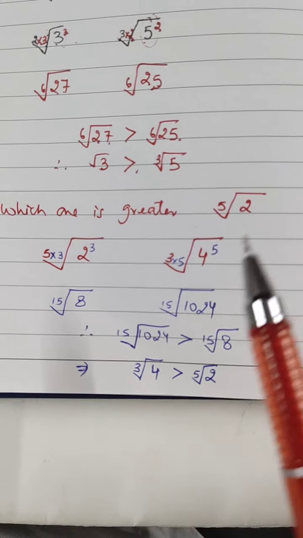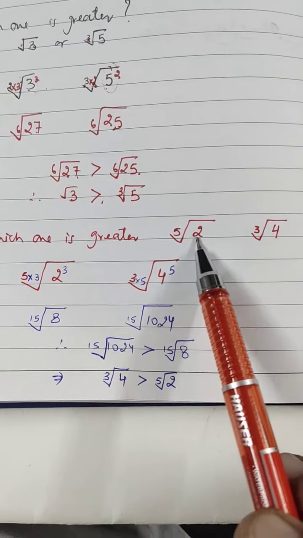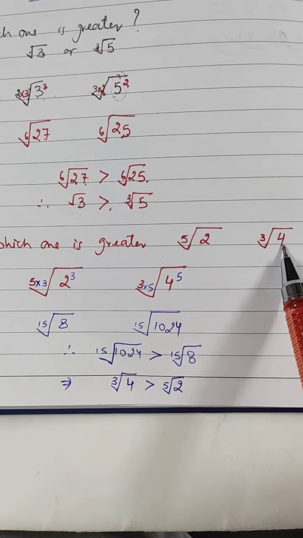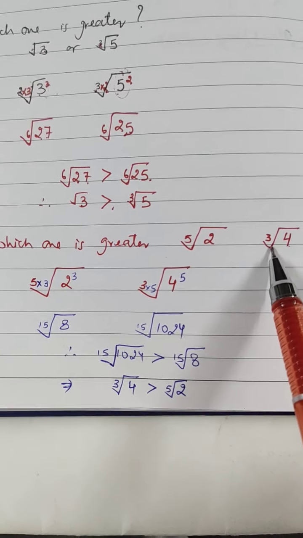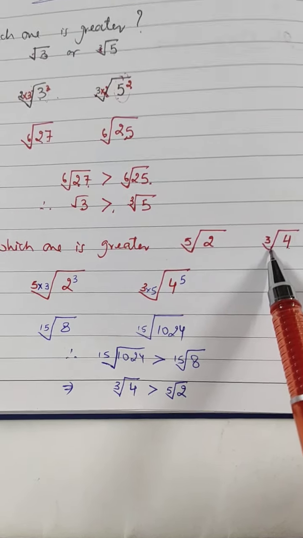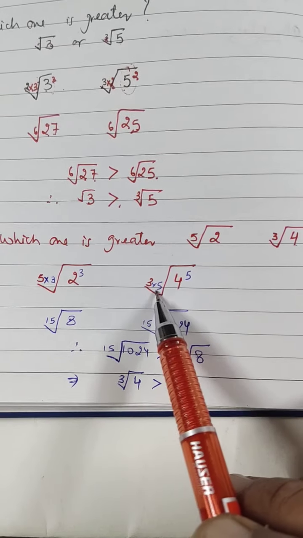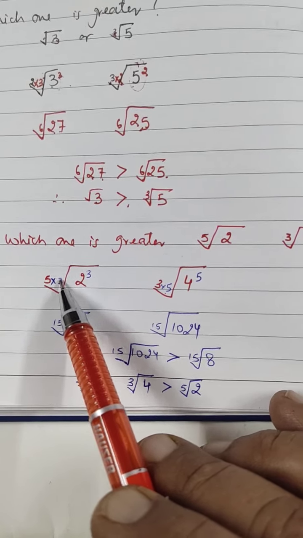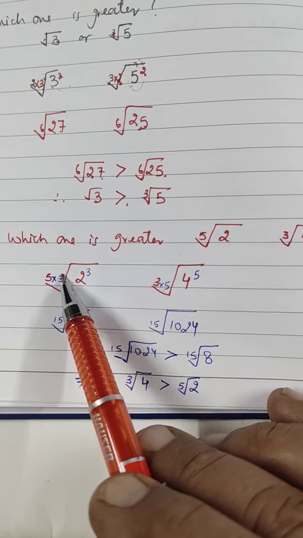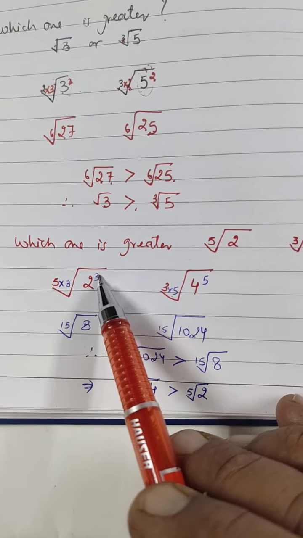Let's try another question. We have to find which one is greater, the 5th root of 2 or the cubic root of 4. So we know that the LCM of 5 and 3 is 15. So we need to make 15 at this place as well as at this place. To make 15, I need to multiply here by the number 3, so I need to take the power of 2 also as 3.